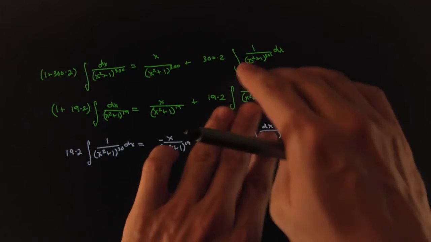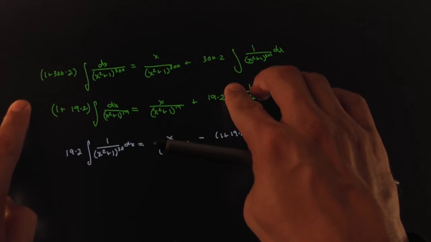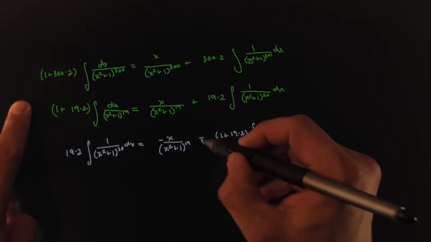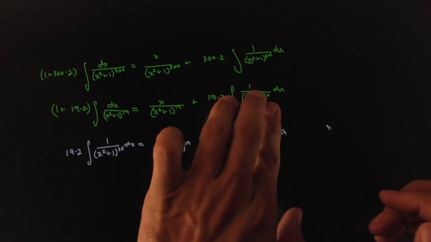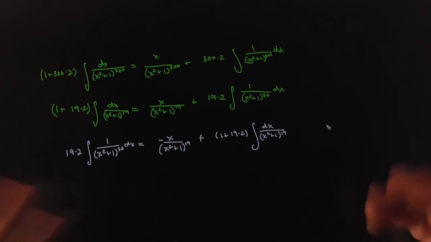That is just keeping this one on this side, moving this to the other side with a negative. That makes this one a plus, plus that. Okay? This is just algebra. Move this to the other side.